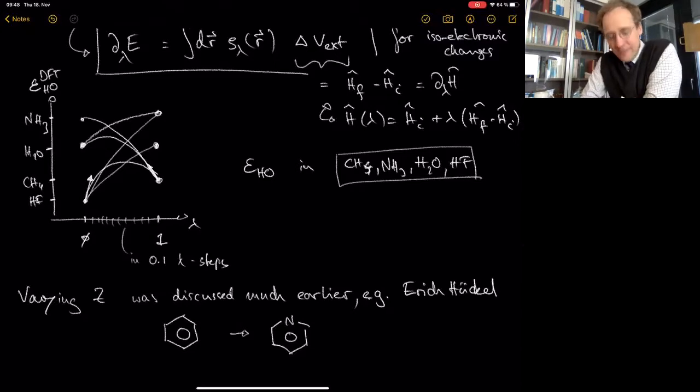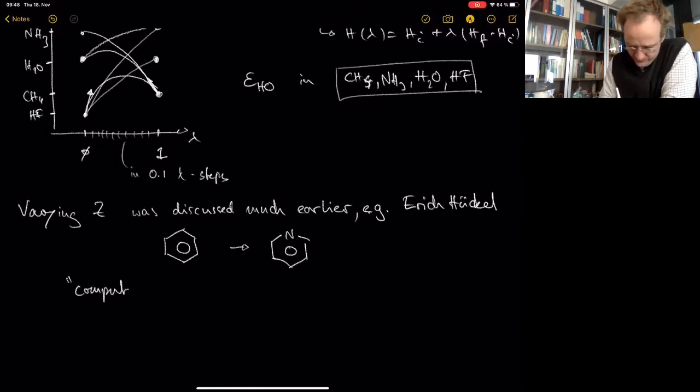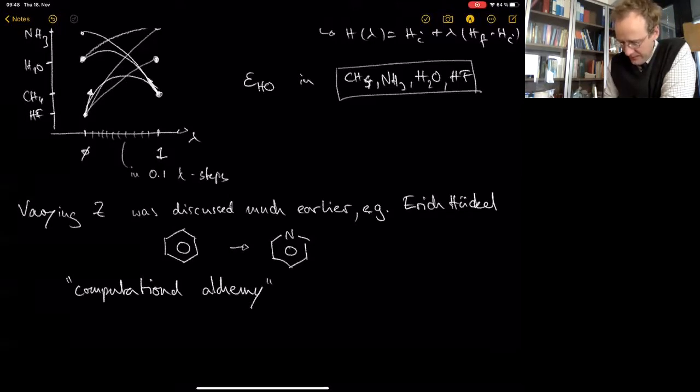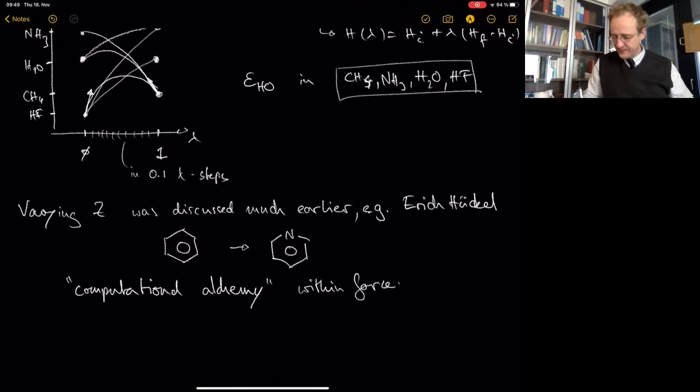You also have what is known as computational alchemy, which is very common within force field calculations. So you vary the parameters in the force field to go from one composition to another, within force fields.